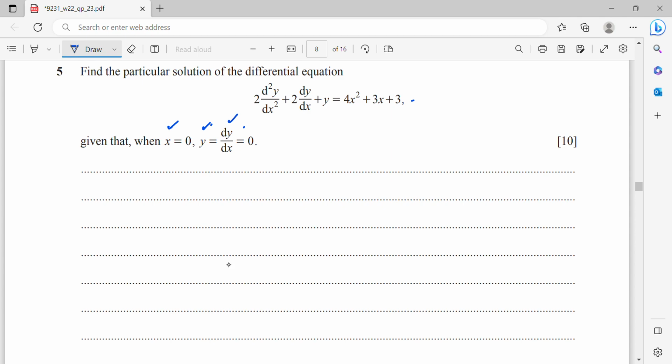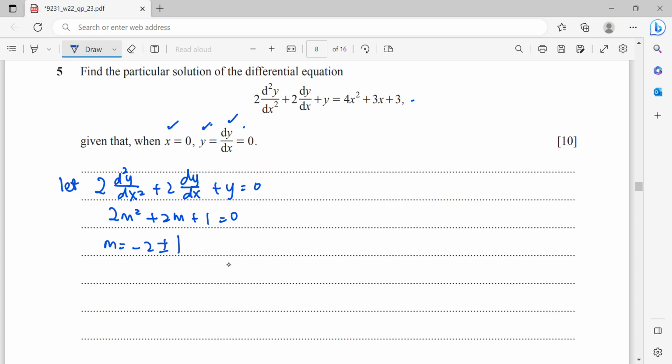So now this is a second order differential equation. Firstly, let the right side be 0. Then you change to the auxiliary equation. Now this quadratic cannot be factorized, therefore we solve using the quadratic formula: minus 2 plus minus square root of b squared, where b is 2, minus 4, a is 2, c is 1, over 2a.